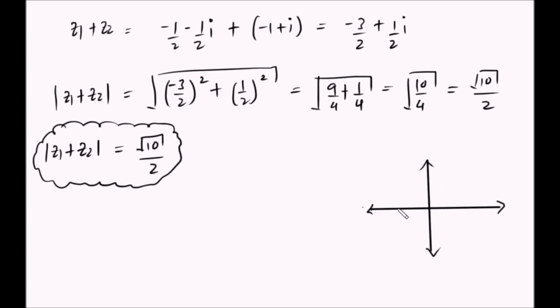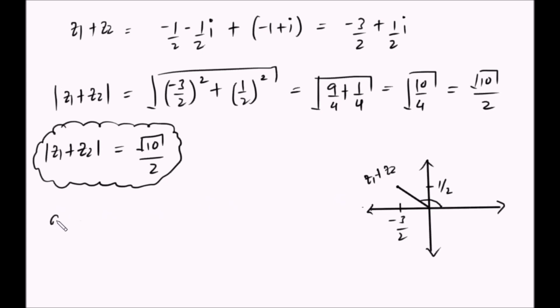So let's say this is -3/2, and this one is 1/2. So this now is the point z1 plus z2. So if I draw now a straight line from the point to the origin, this is the argument. So the argument is in the second quadrant.